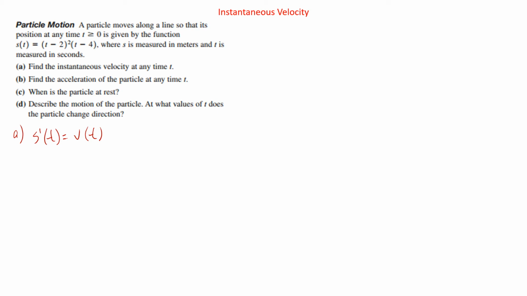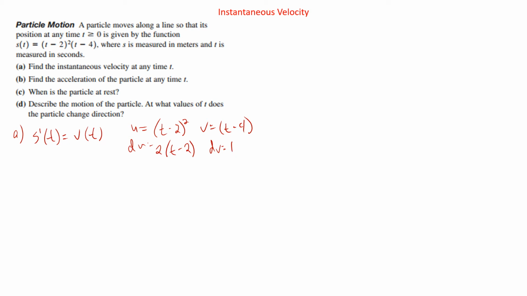That's one way we could do it, because then we just have a polynomial. The other way we could do it is we can use the product rule. I'm going to do it that way, just so that we can have another example of product rule. So I'm going to set u equal to (t minus 2) squared, and v is t minus 4. So the derivative of u is going to be 2 times (t minus 2), and the derivative of v is just 1.